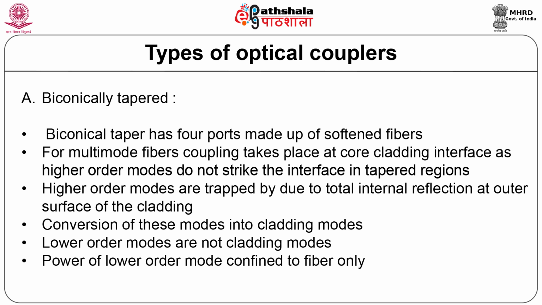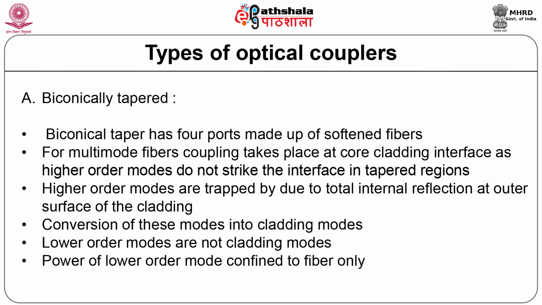Consider the case of multimode fibers. If multimode fibers are there in the biconically tapered directional couplers, then coupling takes place as higher order modes, and it is evident that higher order modes are trapped by total internal reflection at the outer surface of the cladding, and then these modes are converted into cladding modes.